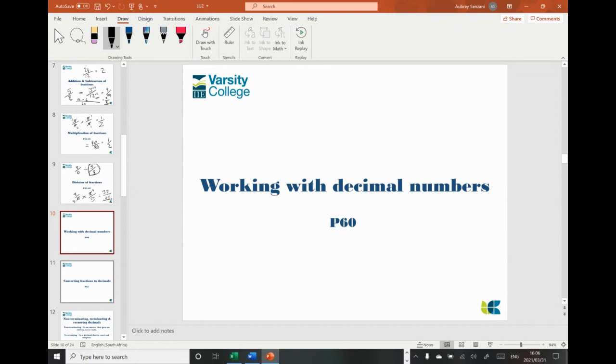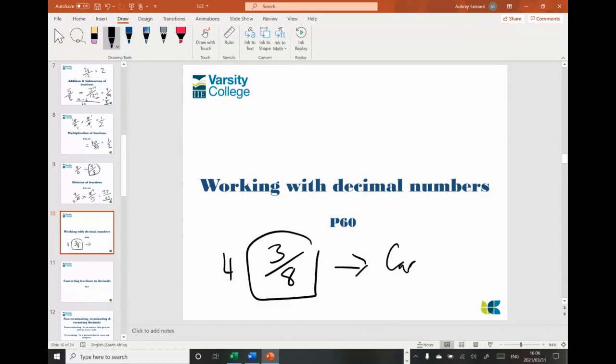The first one that they've given us is 4 and 3/8. Literally all you need to do is punch this portion into your calculator. 3 over 8 is 0.375. You can check: 3 times 12.5, 3 times 12 you get 36, and 3 times that half you get 1.5, giving 37.5, so 0.375.